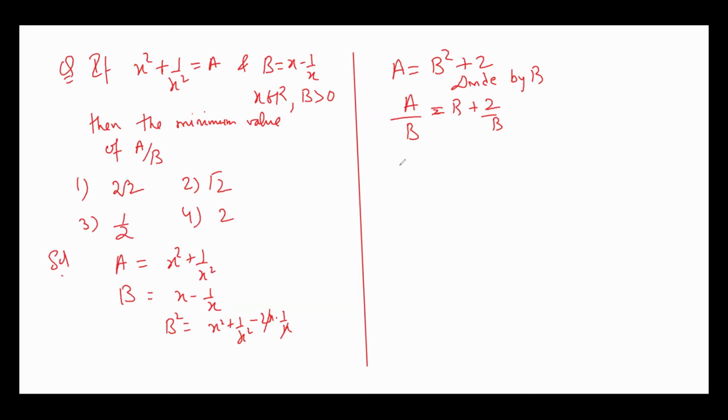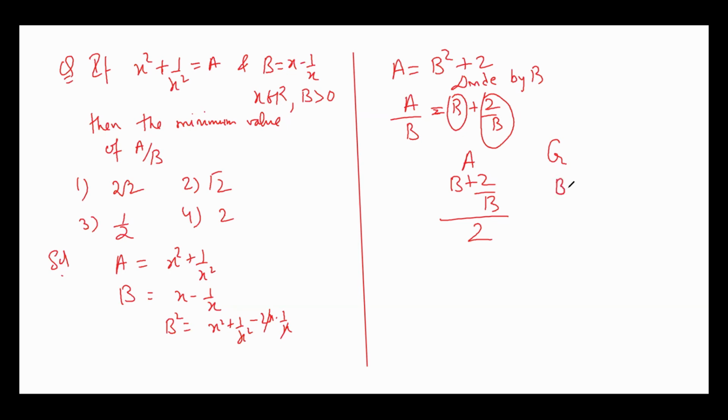Okay. Now, what is this? This is sum of two numbers. One of them is b, another is 2 by b. And if we consider these two as two numbers, then their arithmetic mean is x plus y by 2. And their geometric mean, because when I take product of these two, b gets cancelled out and we get our answer in numbers.